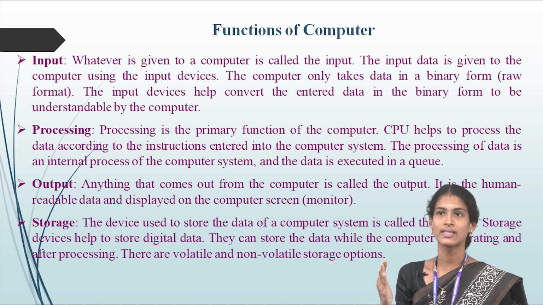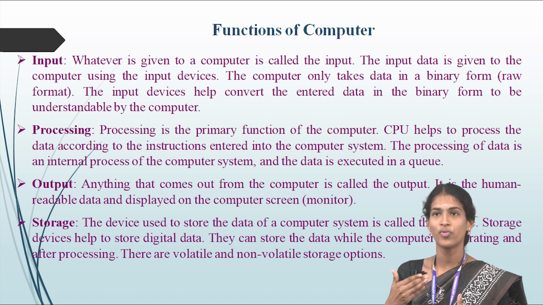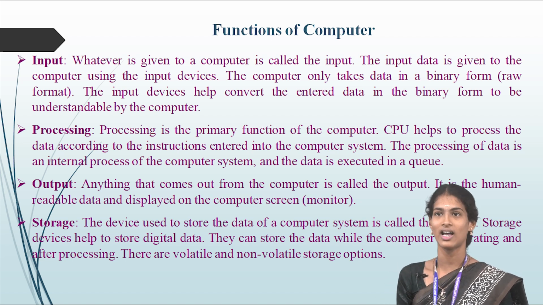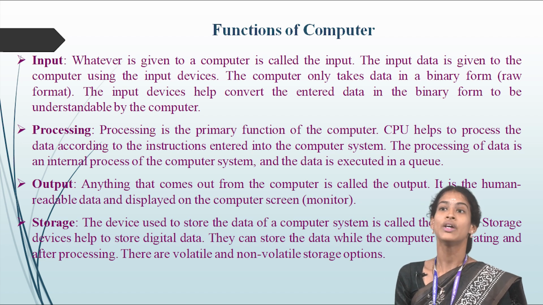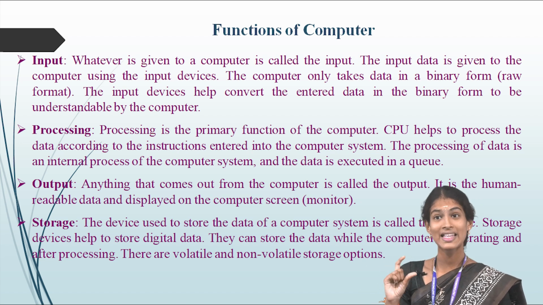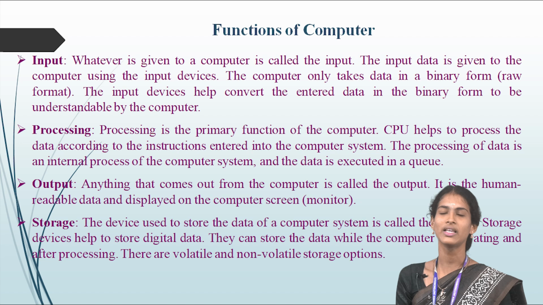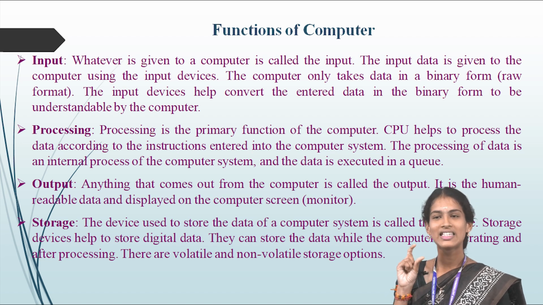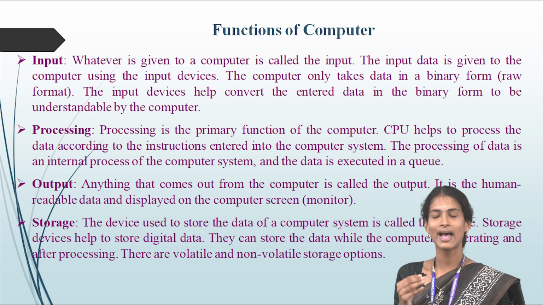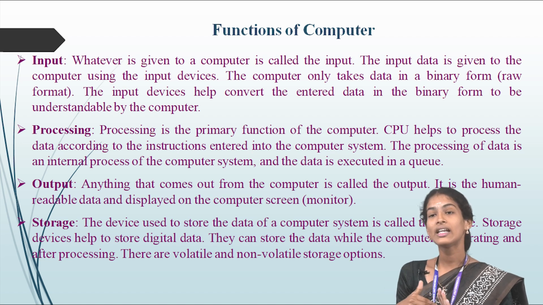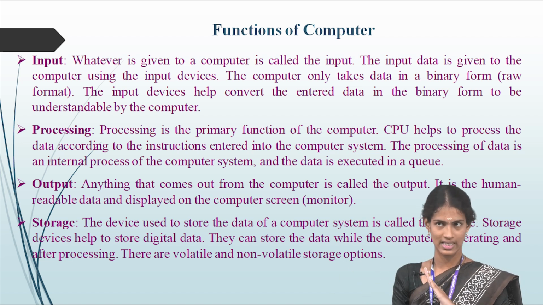The next, processing. Processing is the primary function of the computer. The CPU helps to process the data according to the instructions entered into the computer system. The processing of data is an internal process of the computer system, and the data is executed in a queue. After the processing has been completed, the data is further transferred as the output.